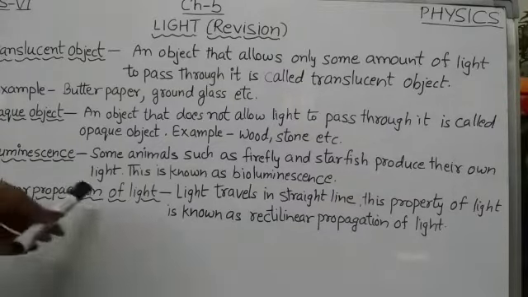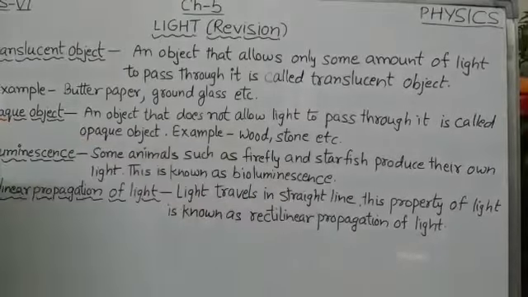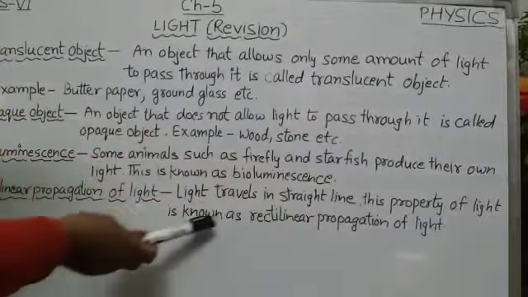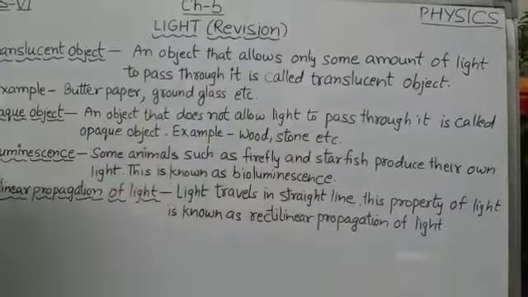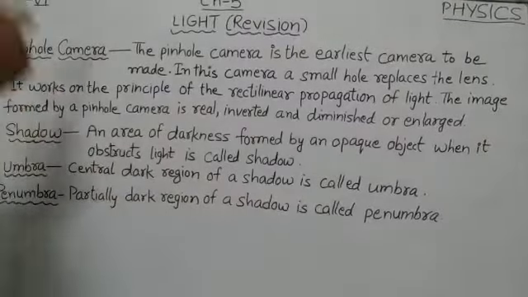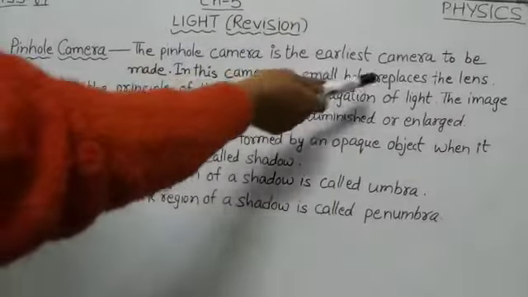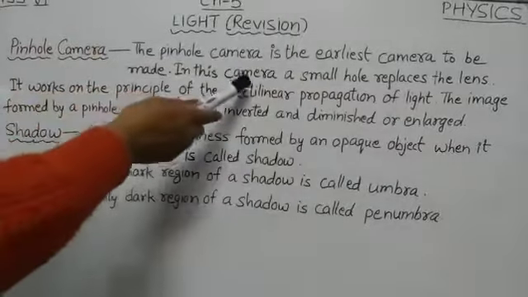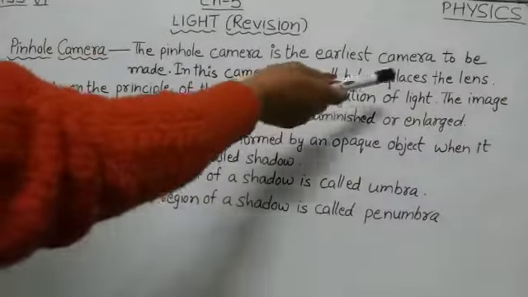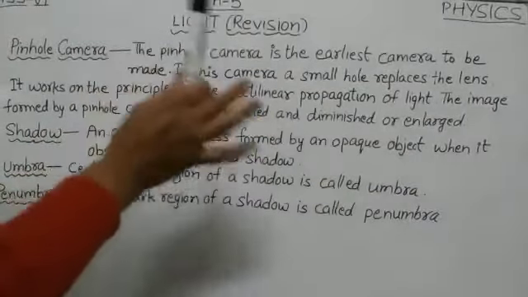Clear? Now next one is rectilinear propagation of light. What is rectilinear propagation of light? Light travels in a straight line and this property of light is known as rectilinear propagation of light. So next one is pinhole camera. What is a pinhole camera? The pinhole camera is the earliest camera to be made. In this camera, a small hole replaces the lens. It means there is no lens in the pinhole camera.